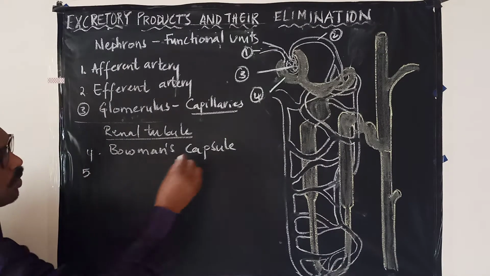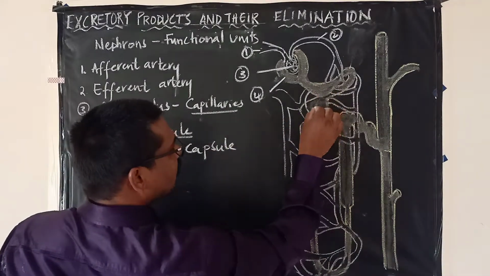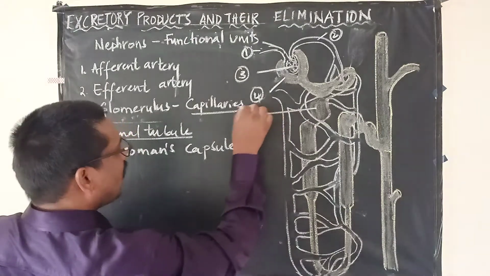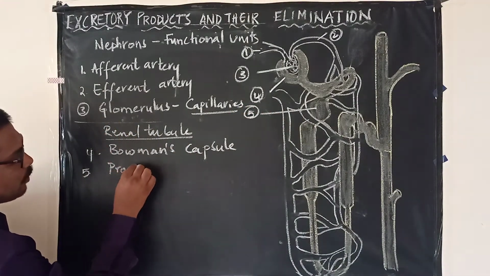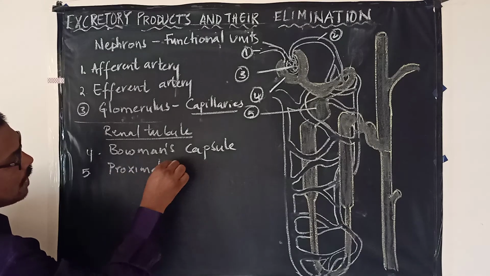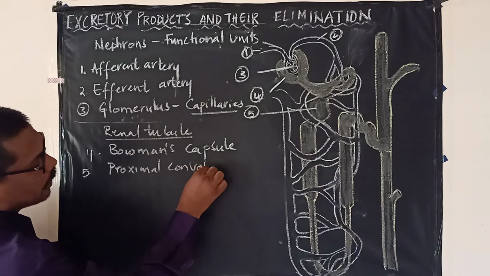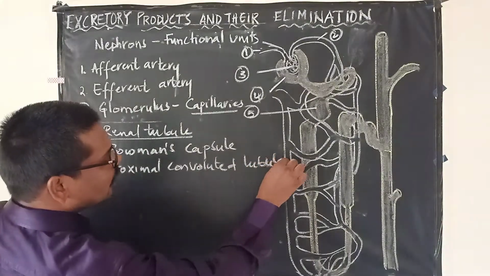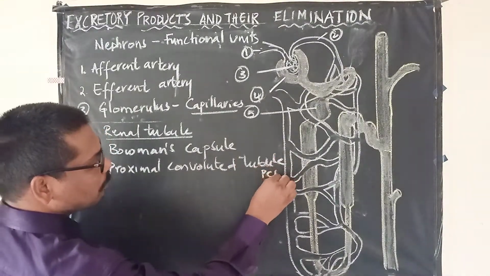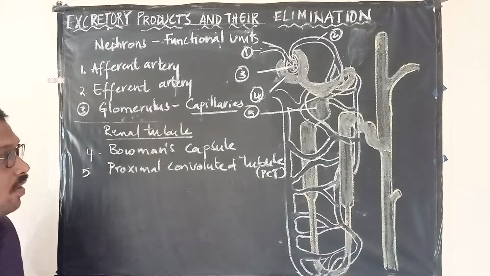And the fifth one is what? Let us say this is the convoluted tubule, and this will be called as the proximal convoluted tubule. In short, we will be calling it as PCT.